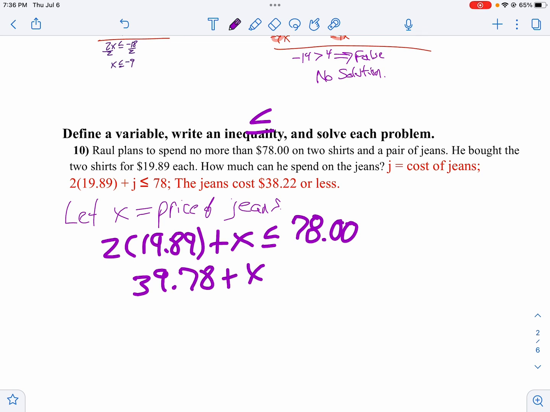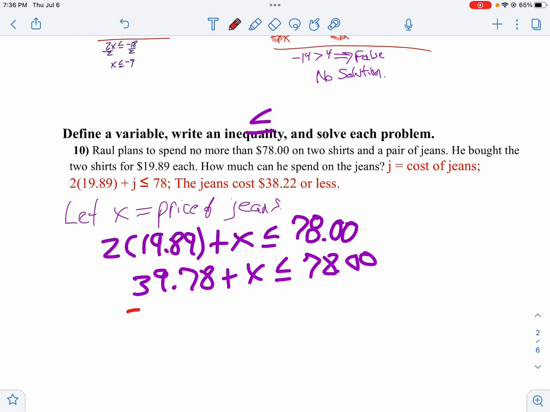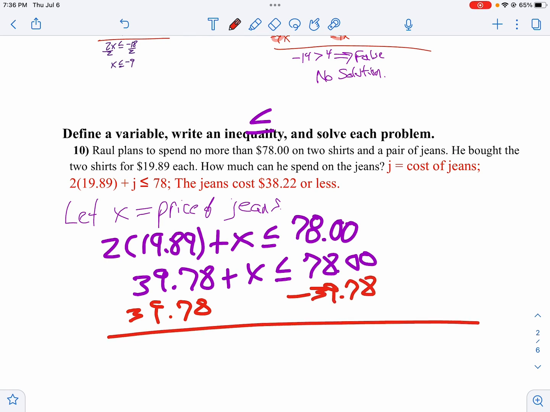Plus my pair of jeans, I'm going to spend less than or equal to $78. Well, now we're going to subtract $39.78 from both sides. So we get X is less than or equal to 10 minus 8 is 2. 9 minus 7 is 2.